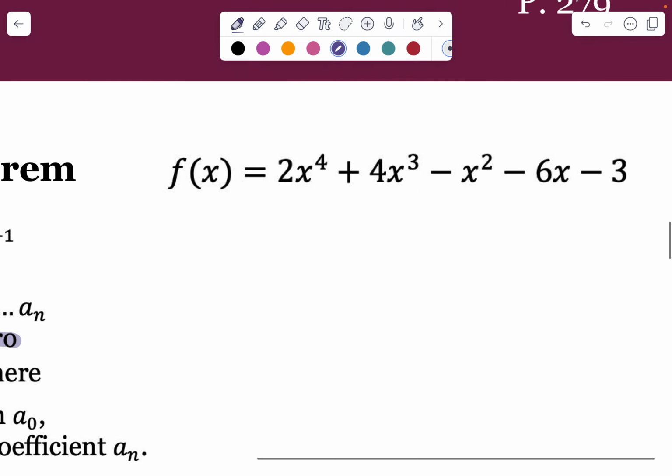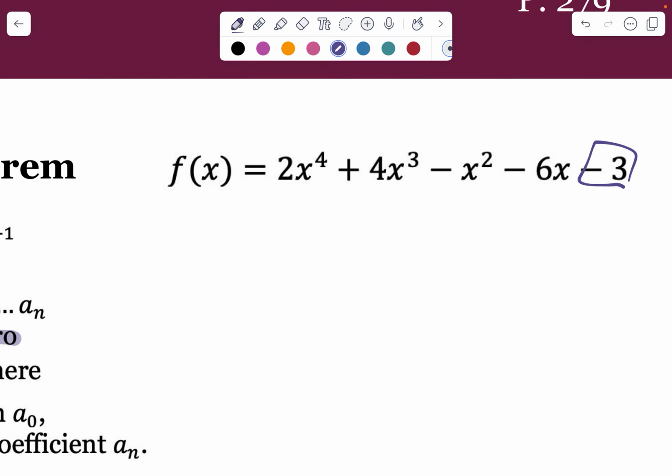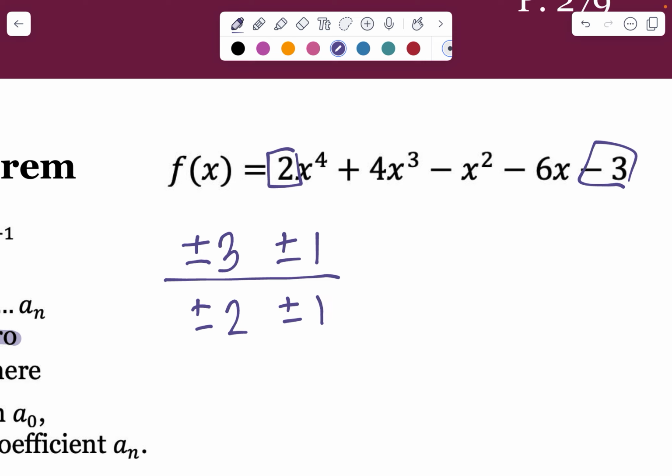So how this theorem works is it tells us that if we take all the possible factors of the last term in a positive or negative form, so that's plus or minus 3 and plus or minus 1, and divide all of those options by the factors of the leading coefficient, which in our case will be plus or minus 2 and also plus or minus 1.